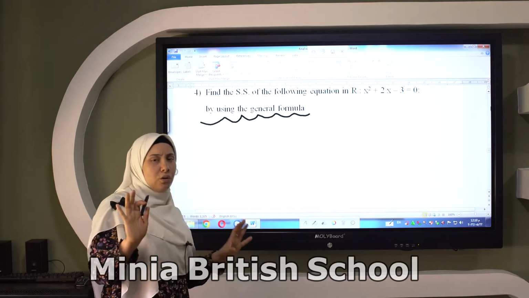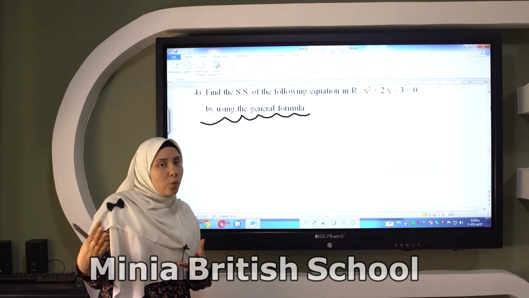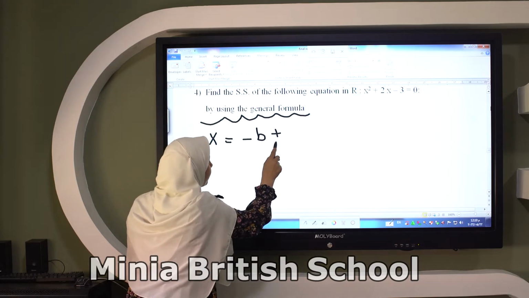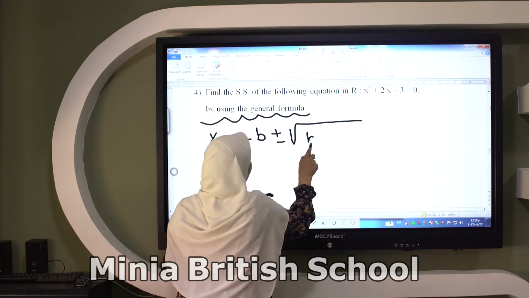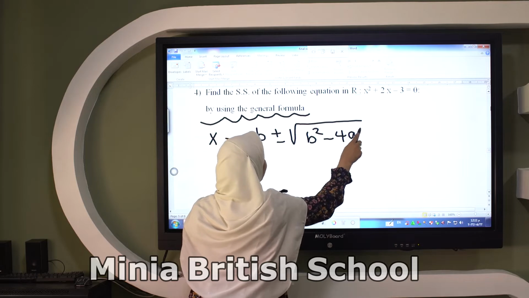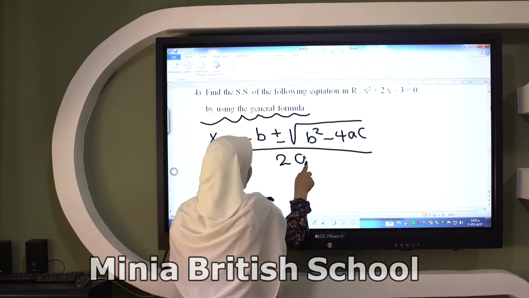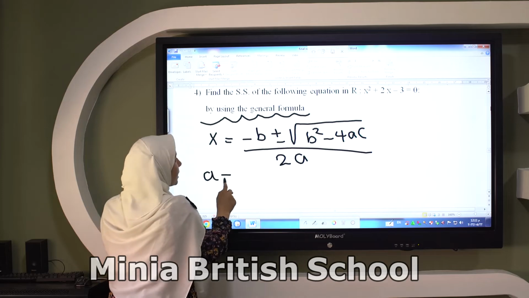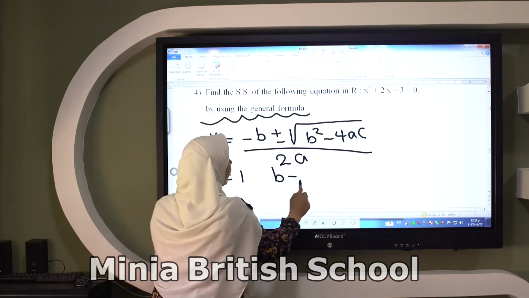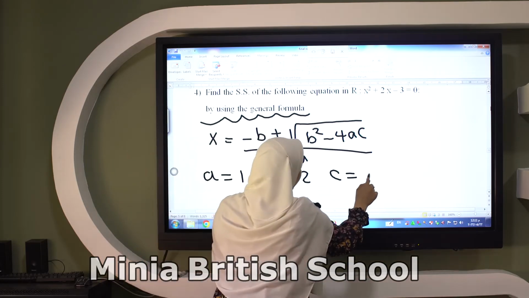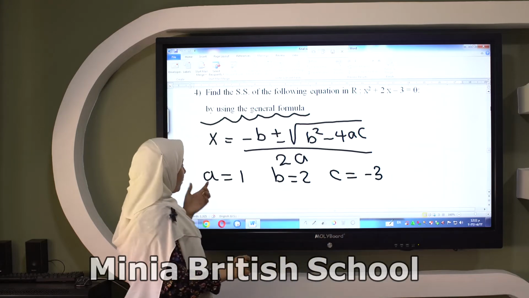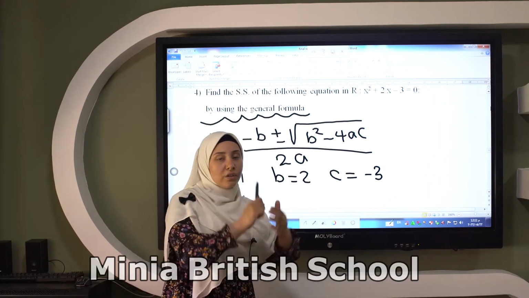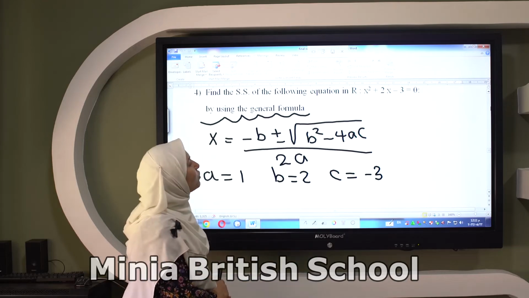The general formula equals what? x equals negative b plus or minus the square root of b squared minus 4ac, divided by 2a. And in this equation, a equals 1, b equals 2, c equals negative 3. By substituting the values of a, b and c in this rule, you can get the two roots.